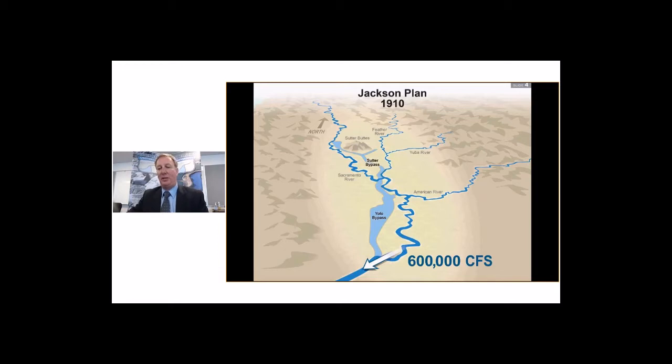The system was actually designed on a very narrow record of historical hydrology. The system has served us fairly well, but we had a lot fewer flood events in the first 50 years of the century. So the system has served us well, but its design was probably a little under-designed for the current hydrology that we're seeing in the state.